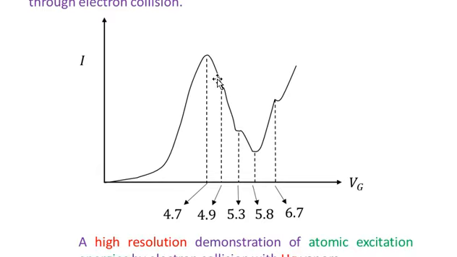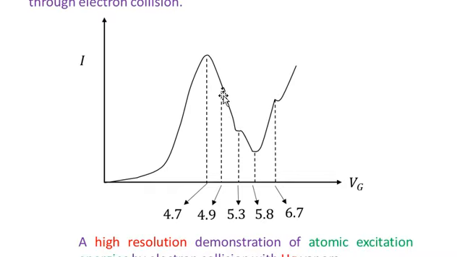In the region where the current is decreasing, the inelastic collisions are dominant, and the electrons are giving off their kinetic energies to the mercury atoms, and the mercury atoms accept only discrete amounts of energy. Those discrete amounts of energy are highlighted in the small dips which occur.